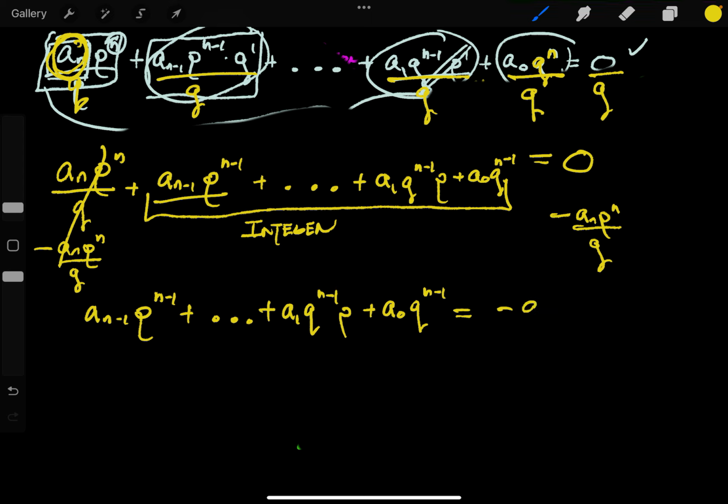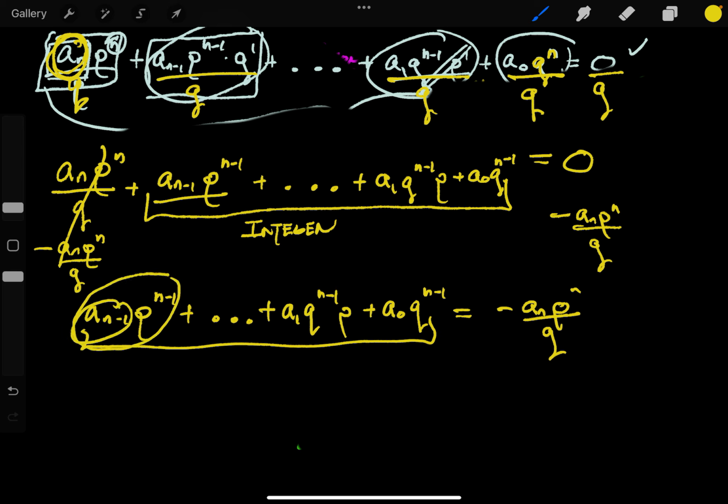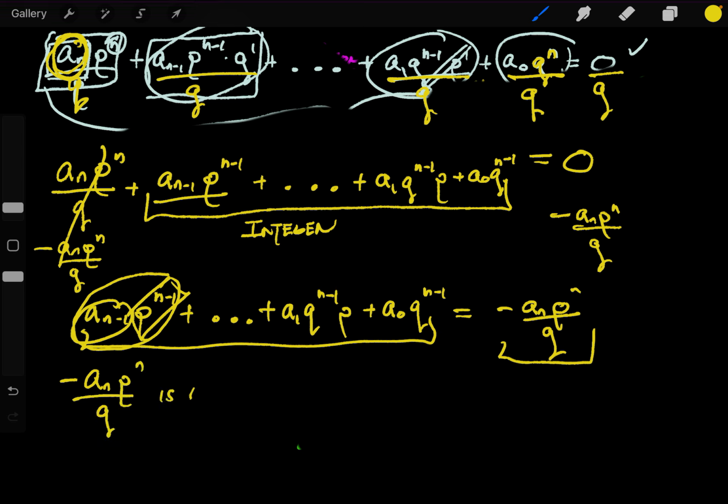So then that forces this on the right-hand side to be an integer. I just made it a little bit more clear. This is an integer. P is an integer, so P to the n minus 1 is an integer. An integer times an integer is an integer. And you make the same argument for all of these terms. An integer added to an integer added to an integer is an integer. So then this must be an integer. So A sub n, P to the n over Q is an integer.